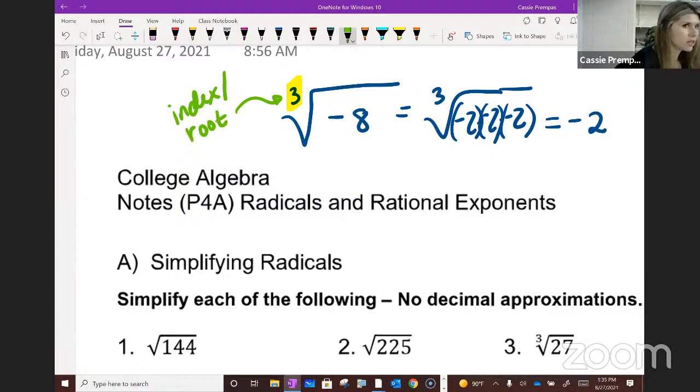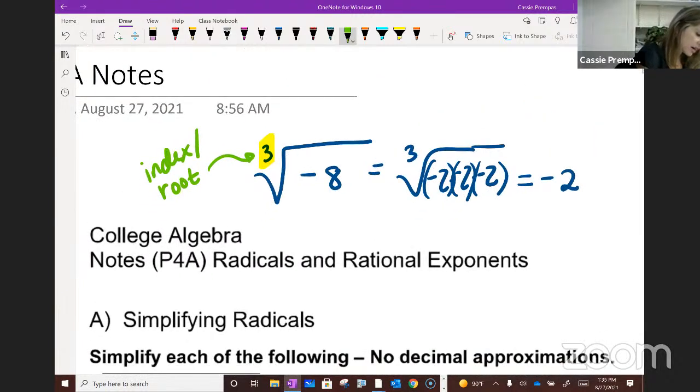I might use that word interchangeably, so make sure you know that's what I'm referencing. The radical sign, you guys know what a radical sign is. This number underneath the radical, it's called the radicand. I don't use that word a whole lot, but in case I do, that's the number that I'm referencing. And that's an example of a radical that you're simplifying.